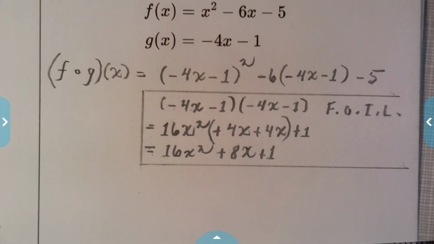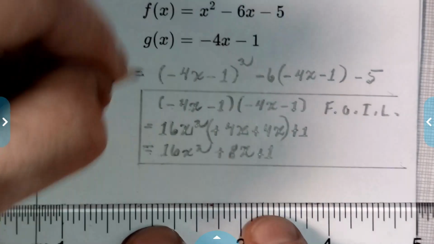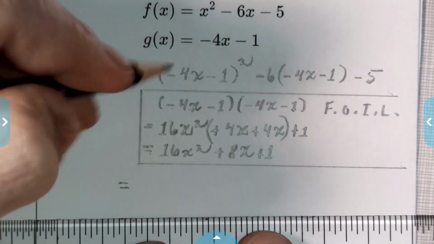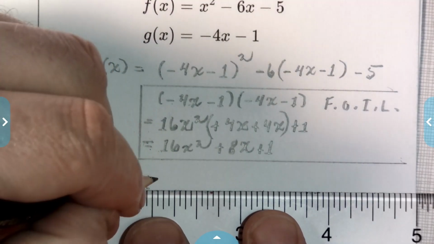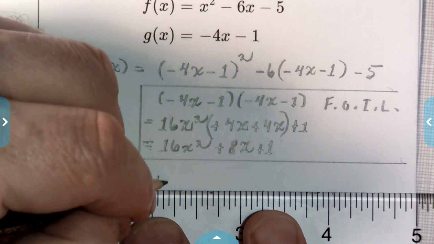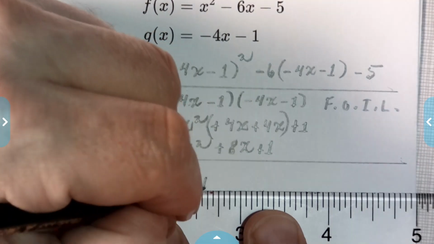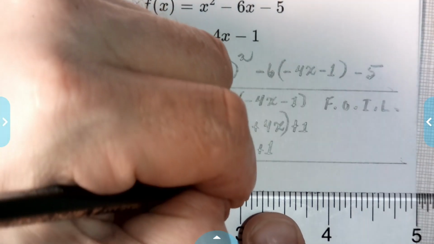So moving on, we have gotten rid of the parentheses here. Now we just have 16x squared plus 8x plus 1.